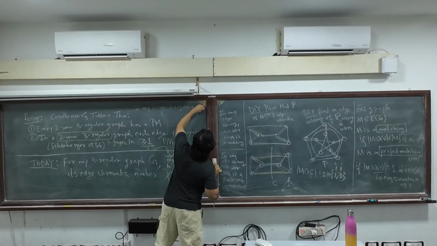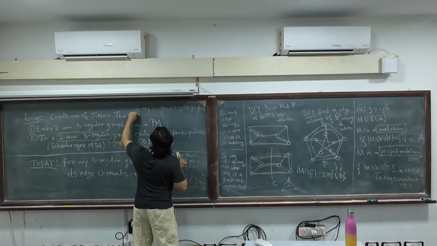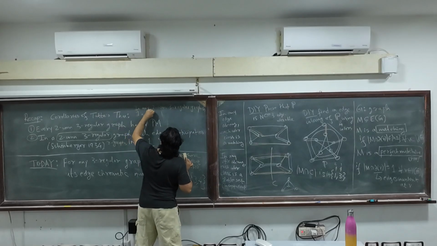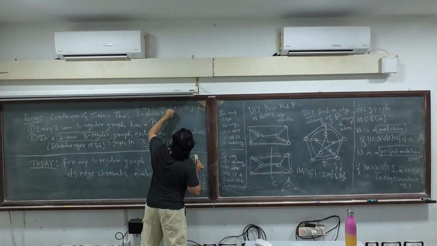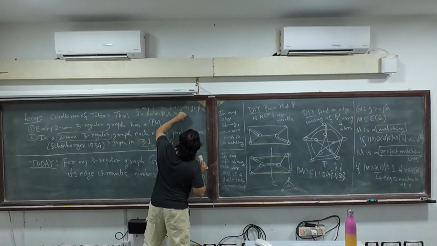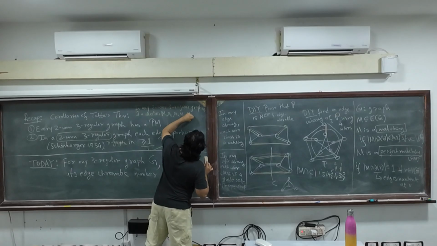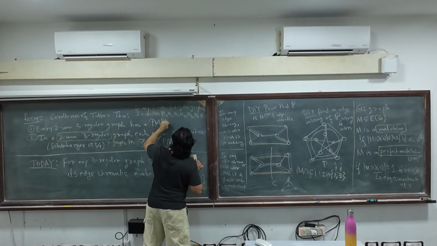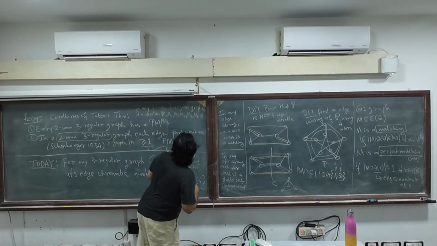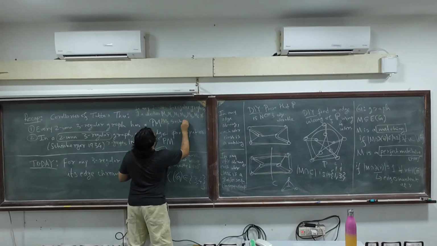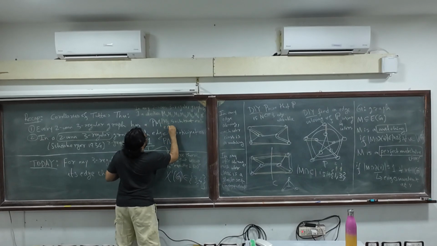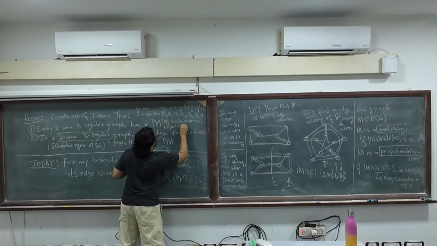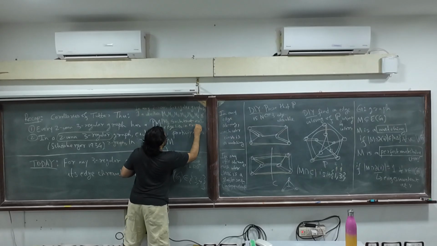In any 2 connected 3 regular graph G, there exists a collection M1, M2, M3, M4, M5, M6 of perfect matchings such that each edge lies in exactly two of them.